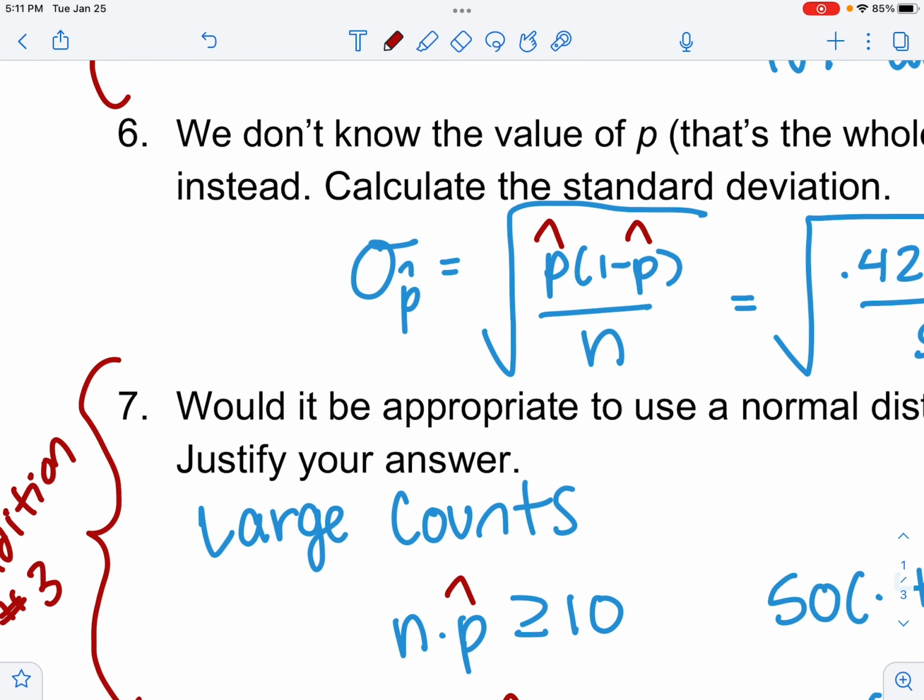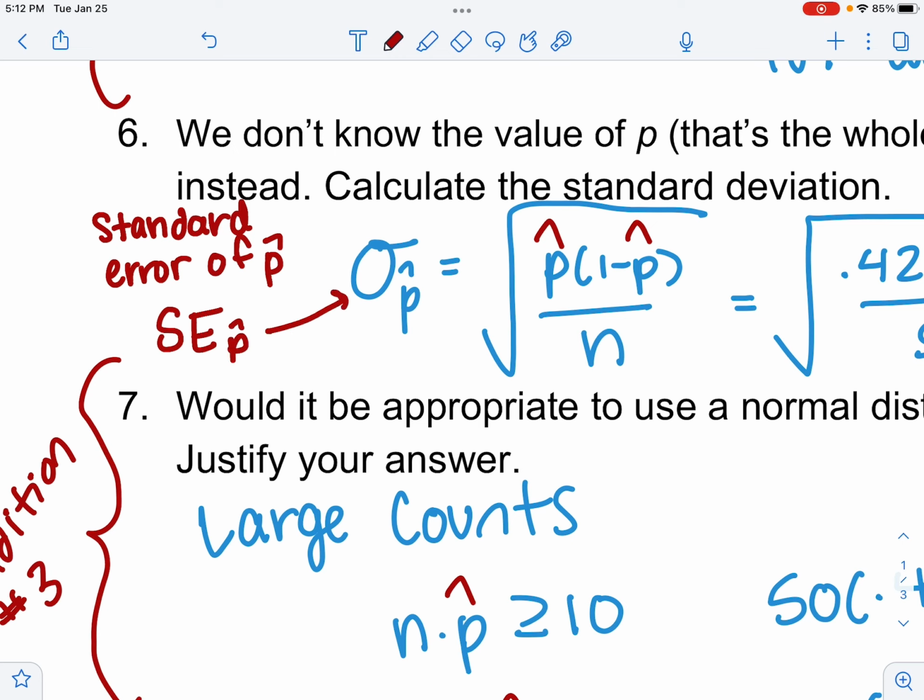We were finding what's called the standard error. And if you recall, this was on your formula sheet, the one thing that we did not use from that row, SE sub p hat. It is your standard error formula.